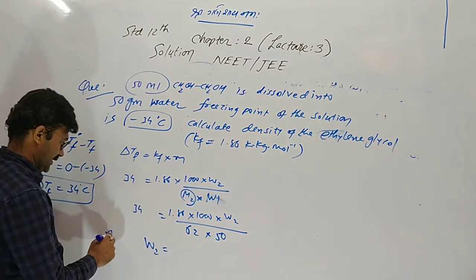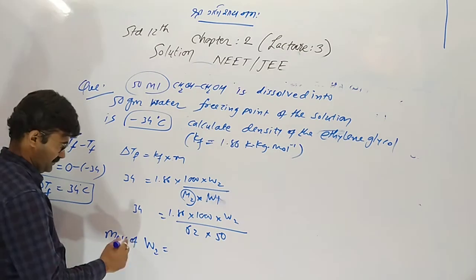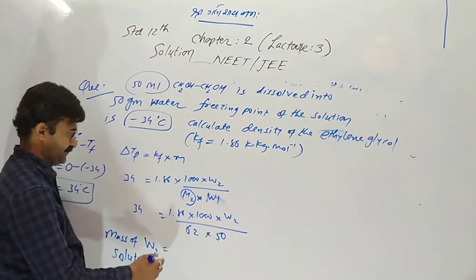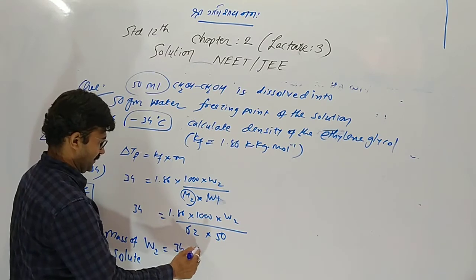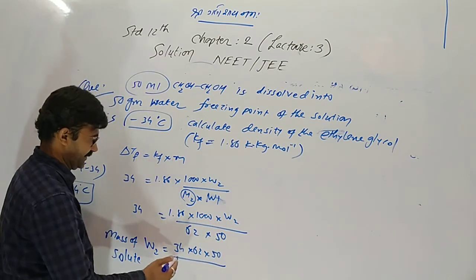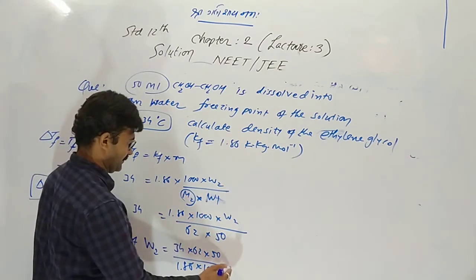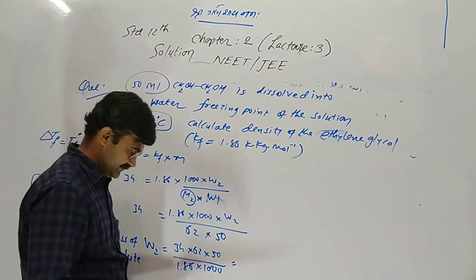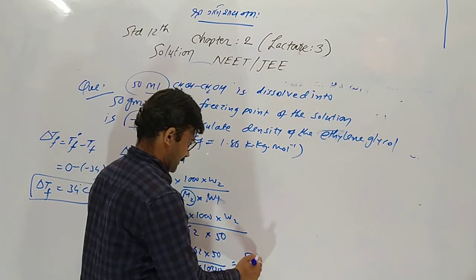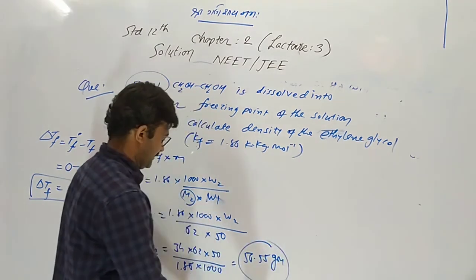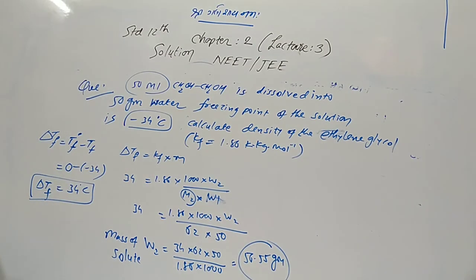So the mass of solute, ethylene glycol, is 34 into 62 into 50, divided by 1.86 and 1000. So it will be 56.55 gram, the mass of ethylene glycol solute.